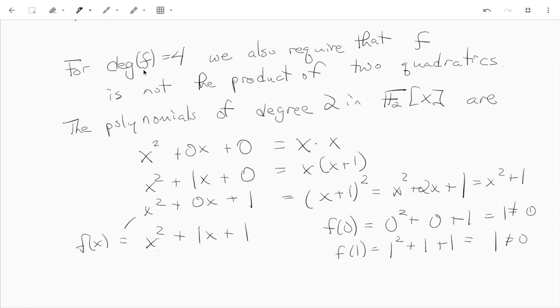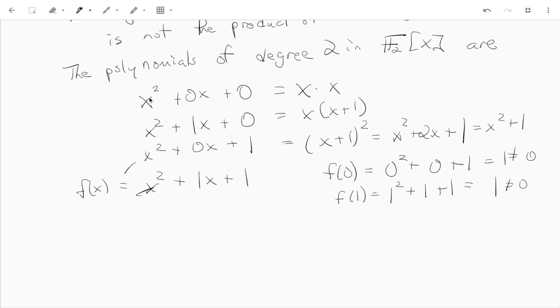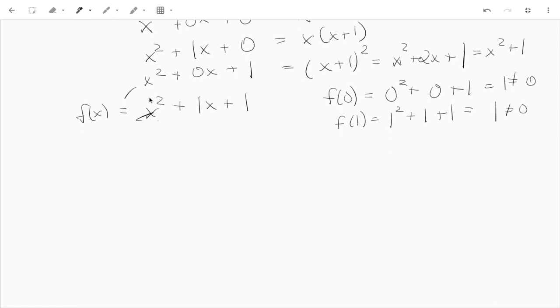It could factor as a product of two irreducible quadratics. Well, there's only one irreducible quadratic, so it'd just be this one squared, or it has a root. So let's write out what f of x could be: x to the 4th plus ax cubed plus bx squared plus cx plus d. We want f of 0 and f of 1 to be non-zero.